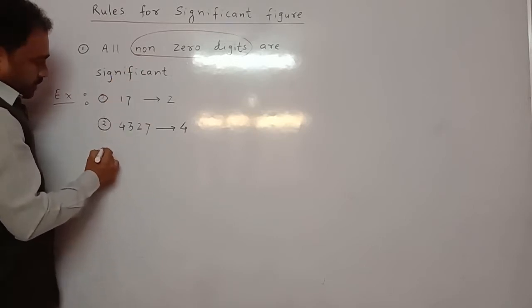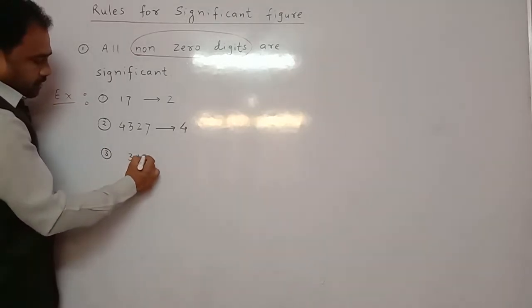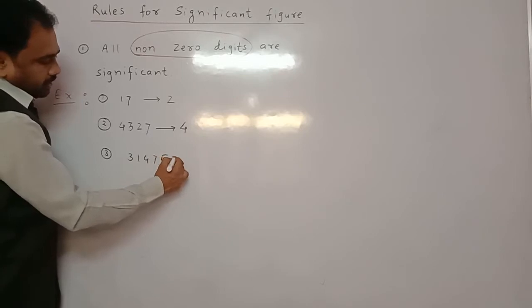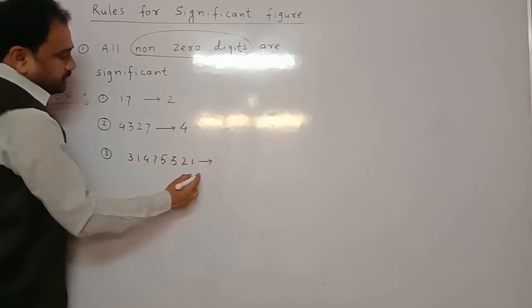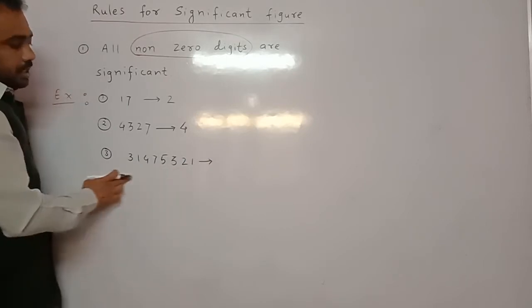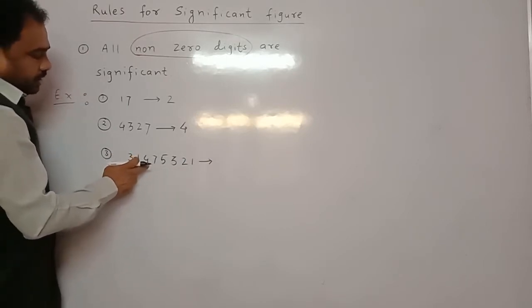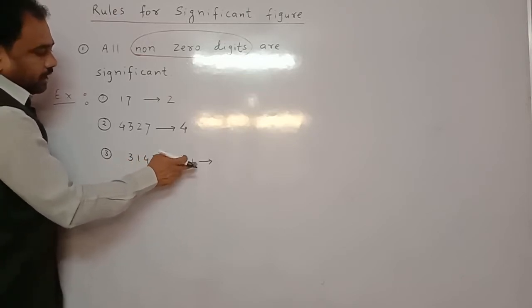Suppose the third example is 31475321. How many digits are present in this given number? 1, 2, 3, 4, 5, 6, 7, 8.